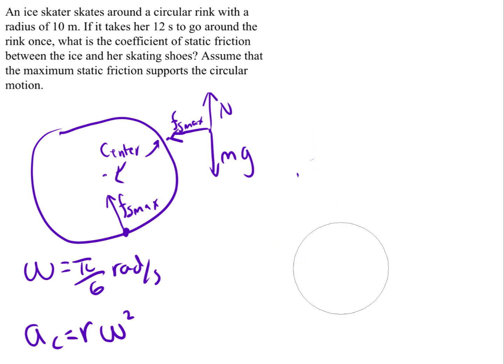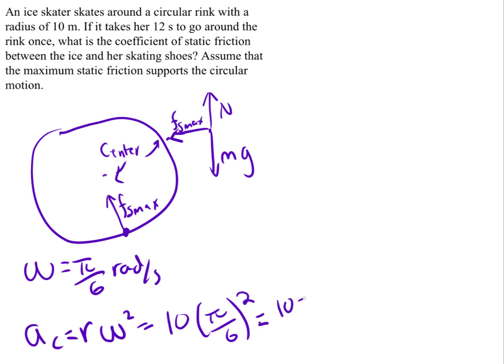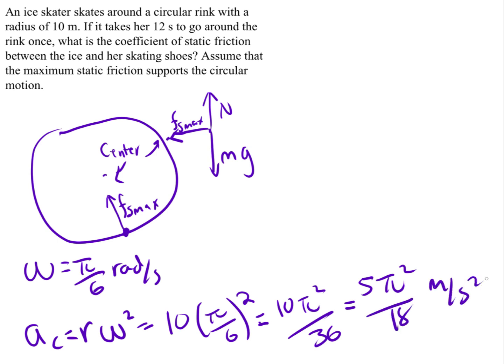Plugging that back in, that will yield us this equation. So now, just plug in the radius of 10 meters and the angular velocity we calculated earlier of pi over 6 radians per second. Square that. So the centripetal acceleration is going to be equal to 10 pi squared over 36, which is 5 pi squared over 18 meters per second squared.